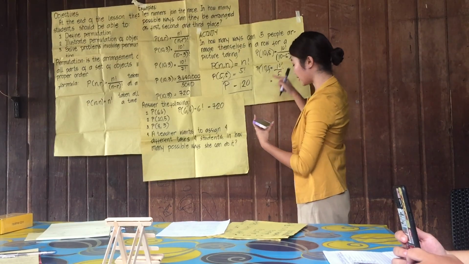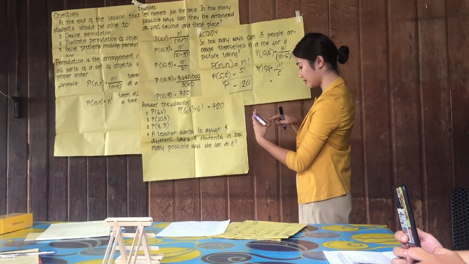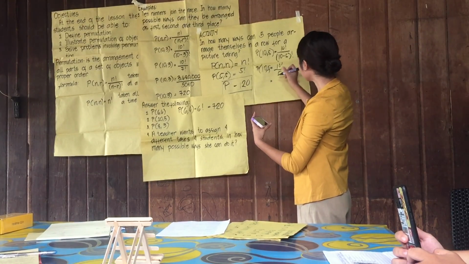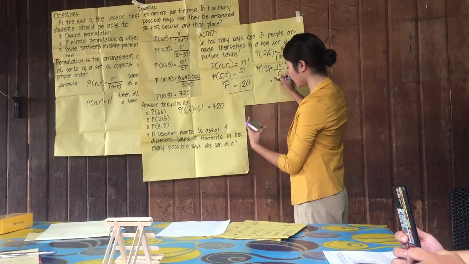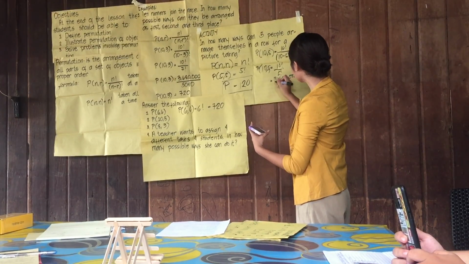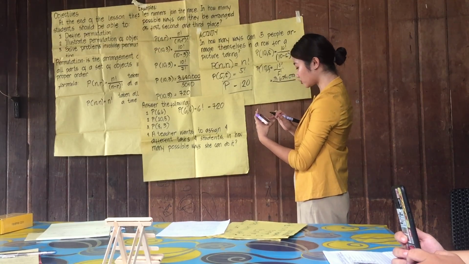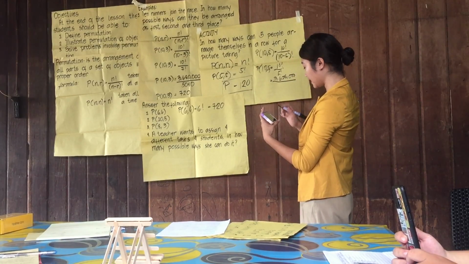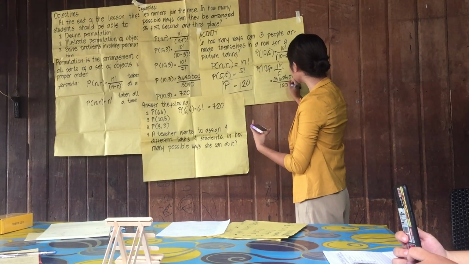Okay. 10 factorial is equal to 3,628,800, divided by 5 factorial, which is 120.